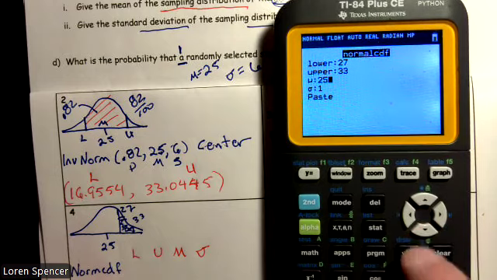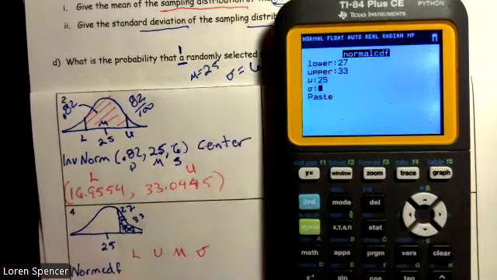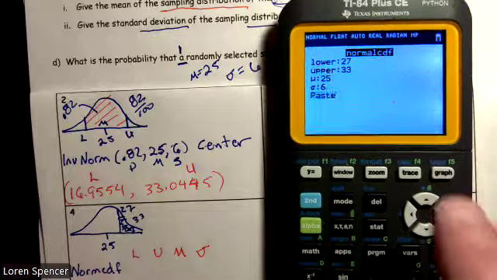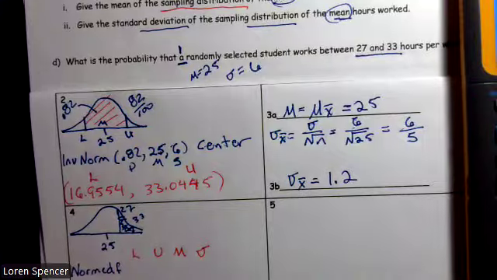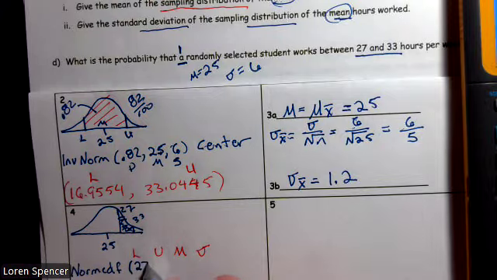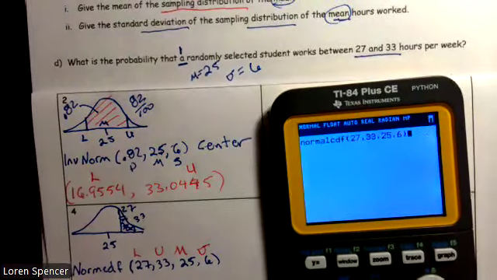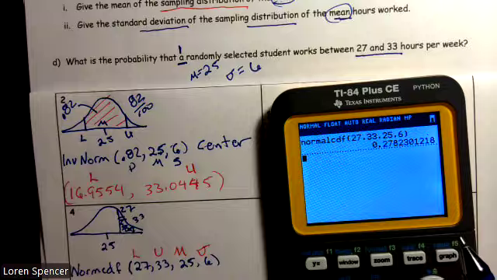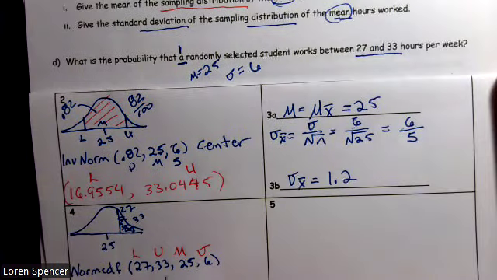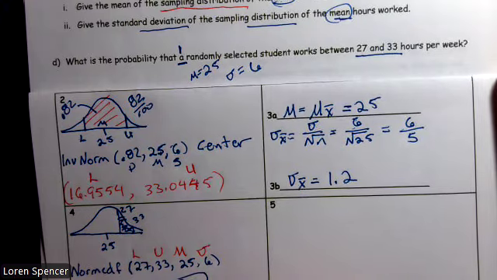My mean was 25, and we already said our standard deviation was 6. So let's plug that in. Before I get my answer, I'm going to go ahead and write down my calculator commands before I forget, so I get all my points. So 27, 33, 25, and 6. I'm going to press enter a couple times, and I end up getting 0.2782. I'm going to go ahead and box that answer. We're good to go.